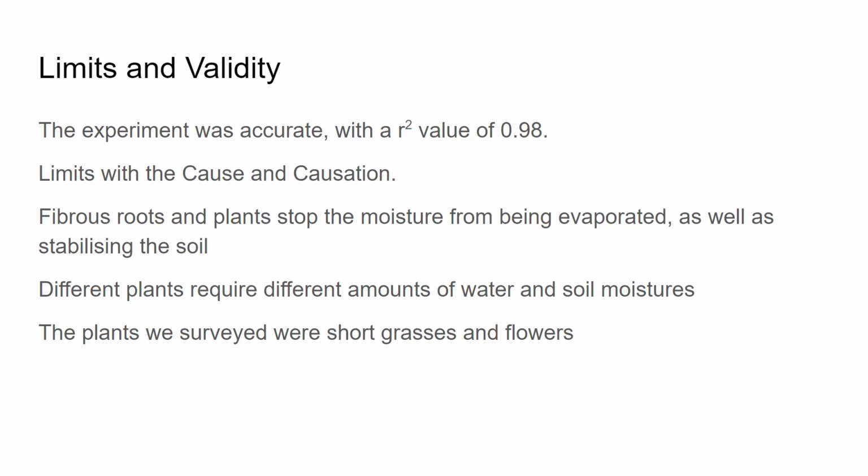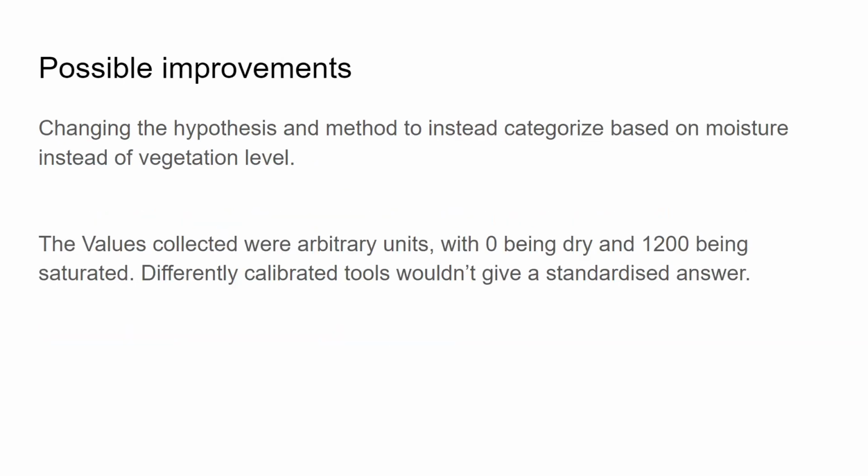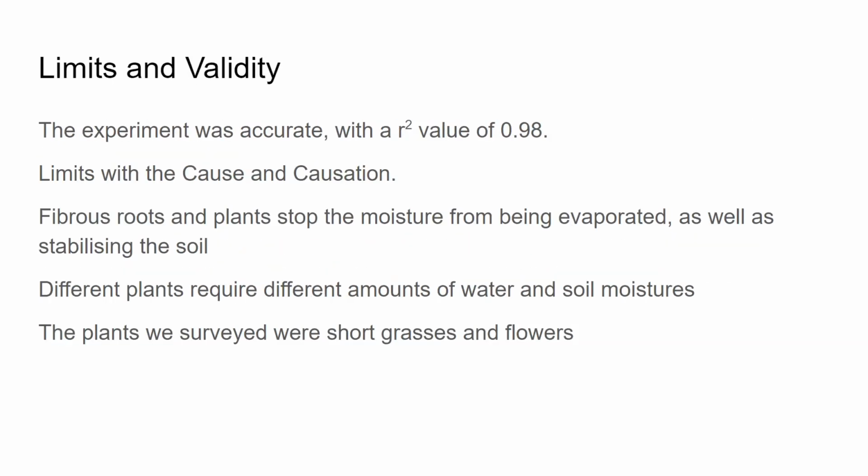Now, the problems with limits and validity that we had were quite emphasized. We didn't have a problem with accuracy, as I told you before. The r² value was something like 0.998. So that was not a problem, but we did have problems with understanding what the actual cause was. We understood that at higher moisture levels there was higher vegetation, but we don't know what came first.